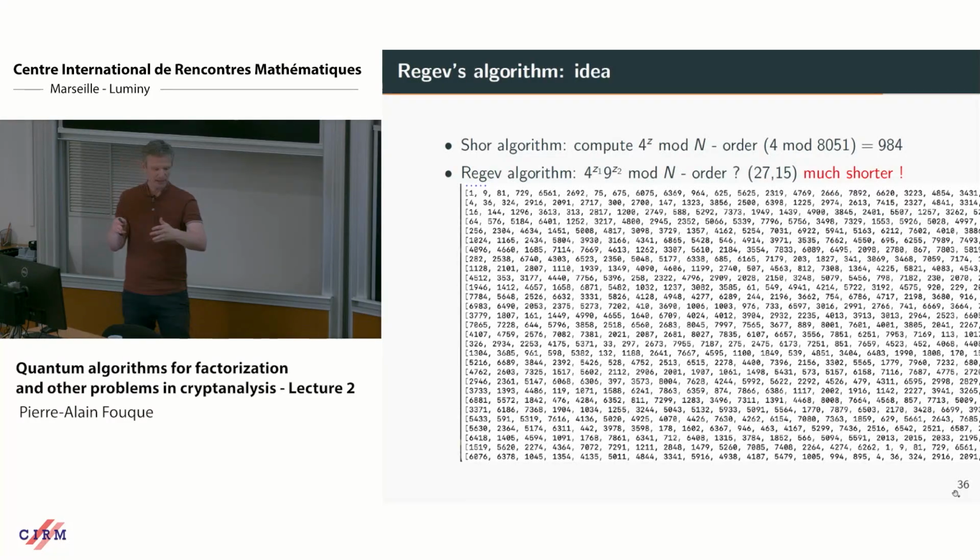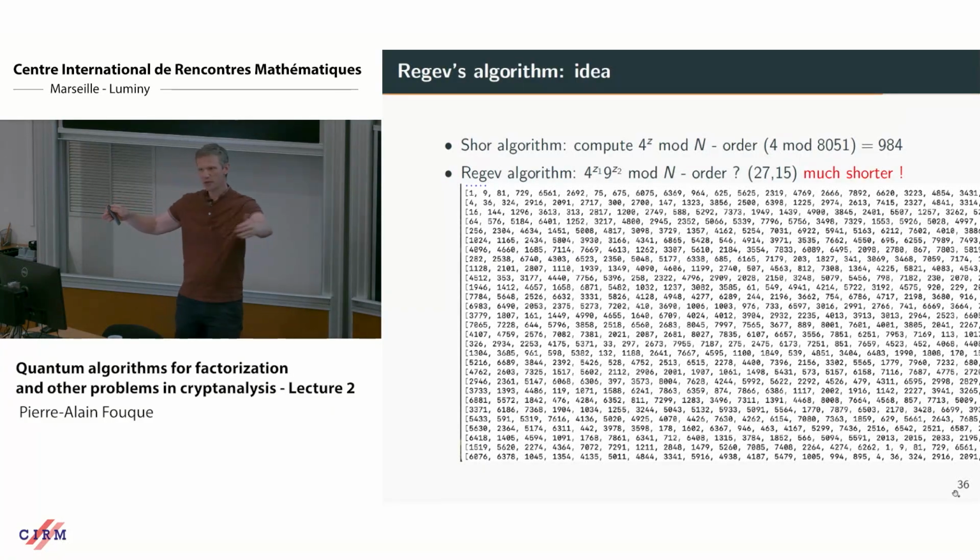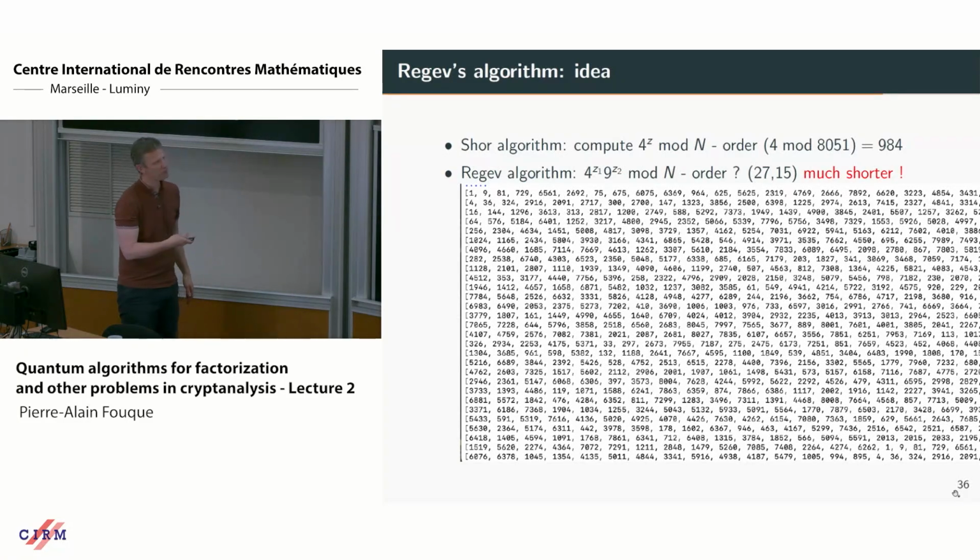What does it mean? When you have to implement your oracle, you don't have to have too many multiplications, controlled multiplications. So the number of controlled multiplications will be much, much smaller. Okay? And this is a very helpful thing.